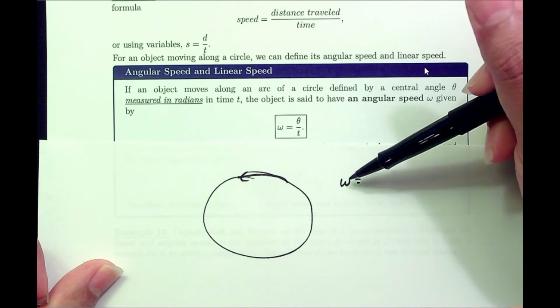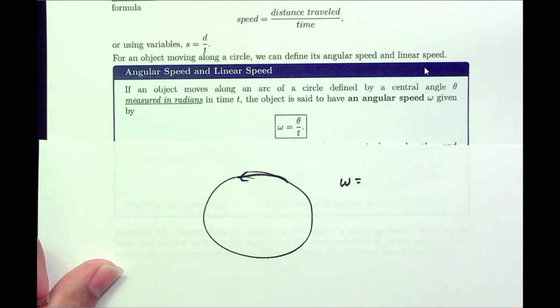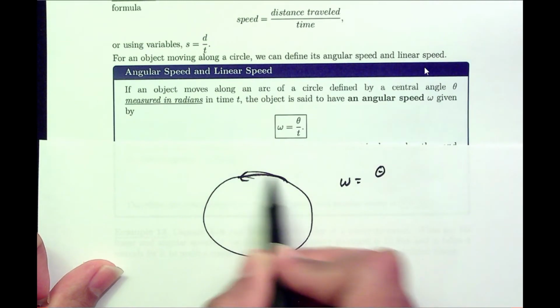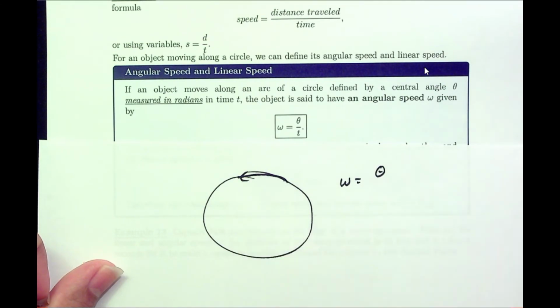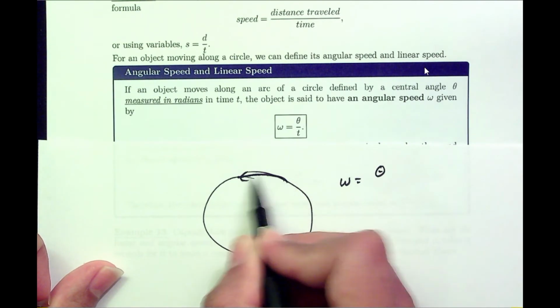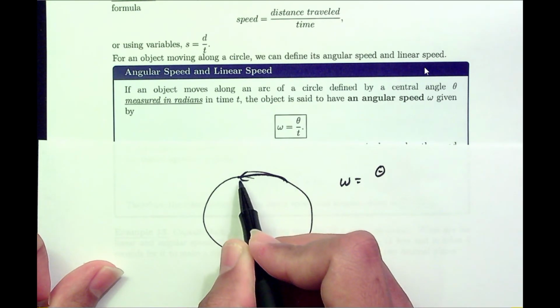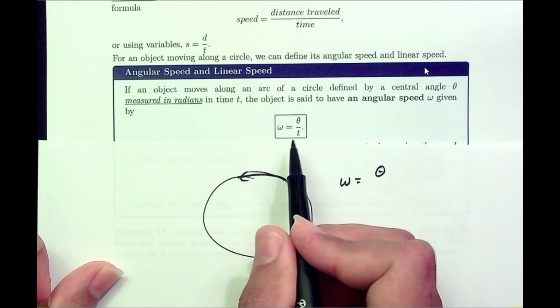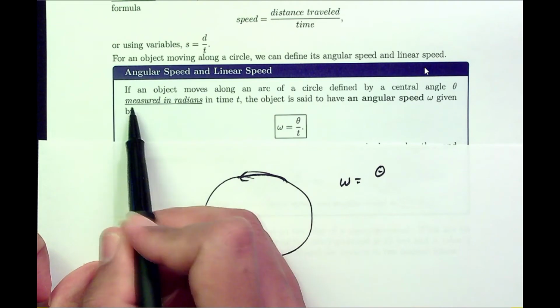So the angular speed would be the angle, which is like the distance traveled, but in terms of the angle. It could be in terms of degrees or in terms of radians in general. But for this particular formula, it has to be in terms of radians.